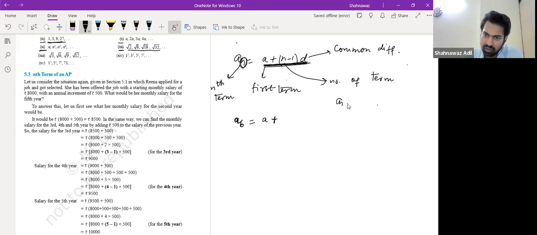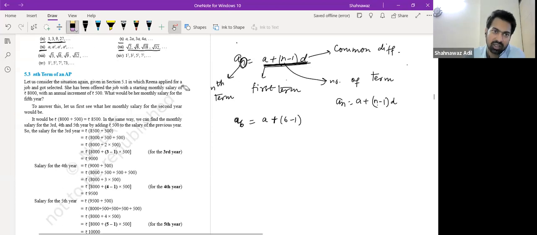We have this A plus n minus 1 into d. So instead of n, there is 6. 6 minus 1. So this would be A plus bracket 6 minus 1, 5d. Right.